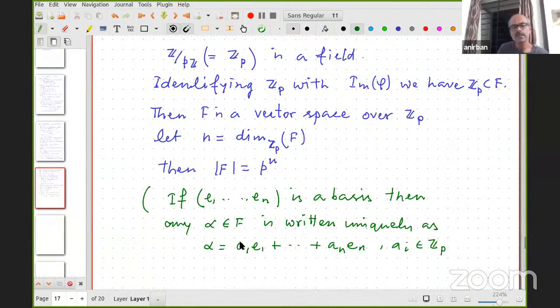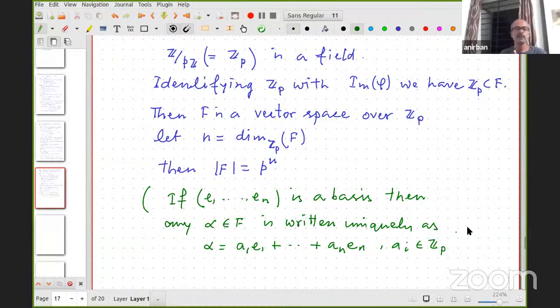So you have p choices for these coefficients. So the total number of such expressions is p to the n, and every element of F is written uniquely in this way because it's a basis. That's the reason for this cardinality. So every finite field has to have order a power of a prime. That's the first result.